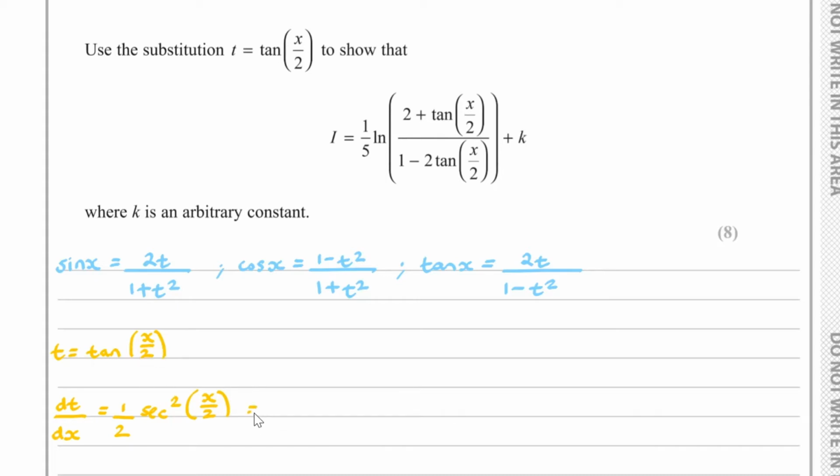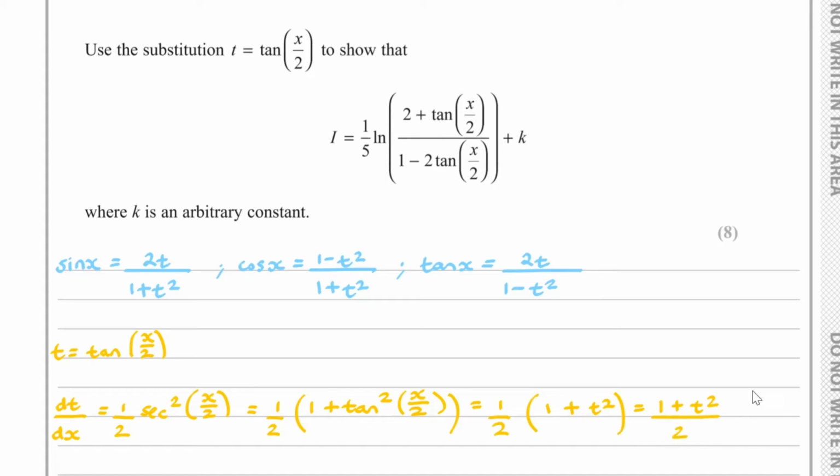Now, sec squared is the same as 1 plus tan squared. So we have 1 plus tan squared of x upon 2, and using the fact that t is equal to tan of x upon 2, dt over dx is equal to 1/2 lots of 1 plus t squared, which is 1 plus t squared all upon 2.